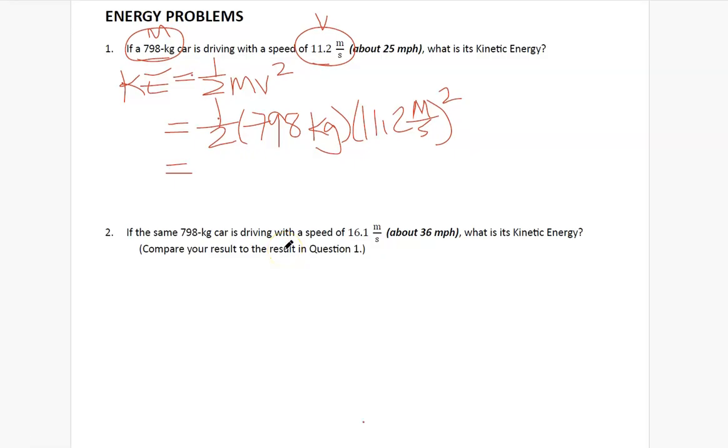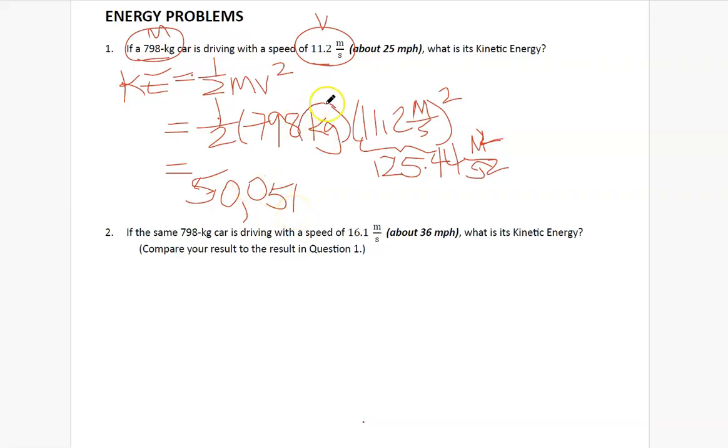And if you want to do the square first, this number squared is 125.44. If you were counting the units, you are squaring meters per second, which means that the meters are squared and the seconds are squared. Now you plug this in and you will get a final answer of 50,051.